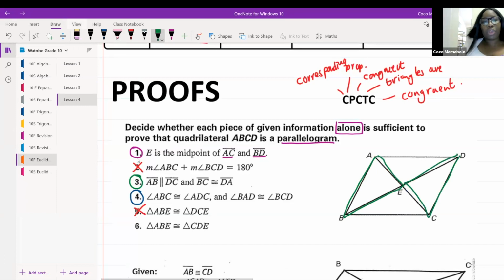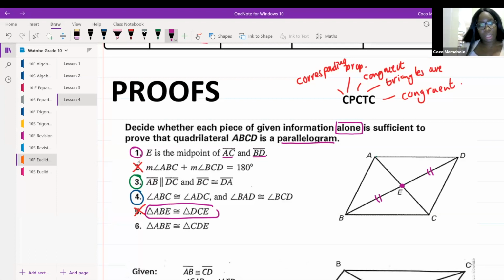But because we know the properties of a quadrilateral, if this is our midpoint, this side and this side must be equal, right? My two congruent triangles are saying something completely different. These two congruent triangles are telling me that AB must be equal to DC.